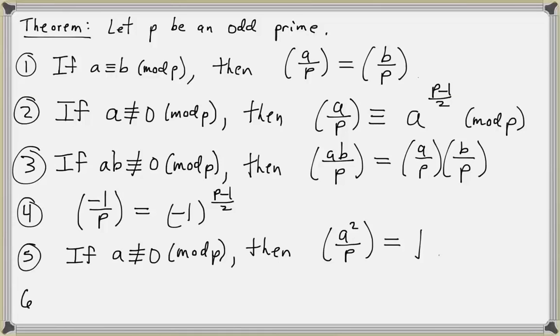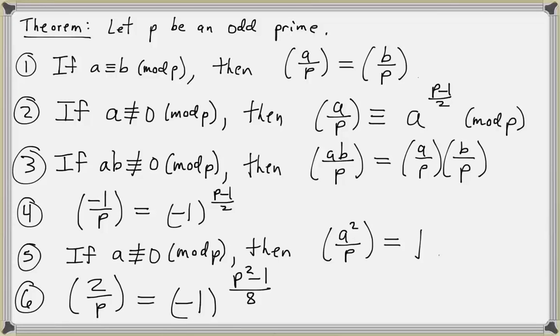And the sixth property, 2 over P equals -1 to the P squared minus 1 over 8 power. Another way of restating this is that 2 will be a quadratic residue mod P if P is plus or minus 1 mod 8, and 2 is a quadratic non-residue mod P if P is congruent to plus or minus 3 mod 8.